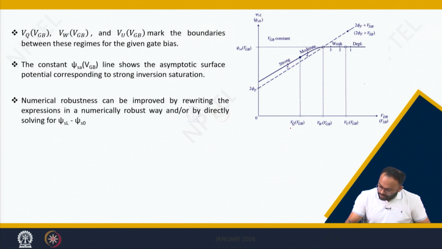Again, these values can be marked, as already seen in previous lectures, where we found that the increase in VDB moves your channel charge or region of operation from strong inversion to weak inversion. Okay. Now, here the psi SA is considered to be a maximum voltage drop across the channel at depletion or weak inversion.